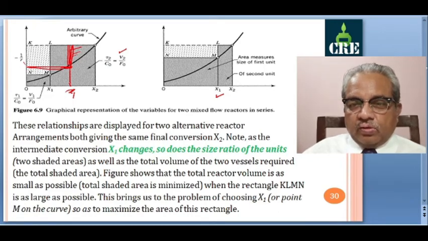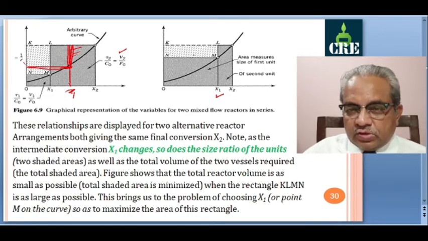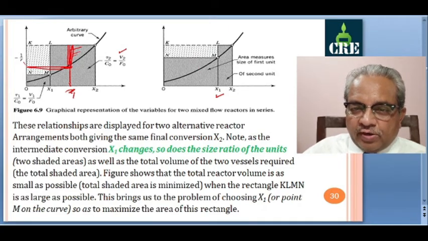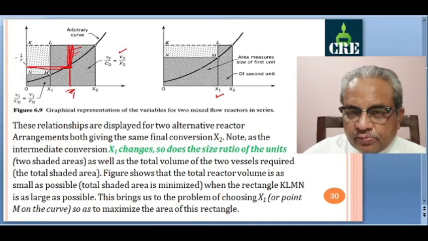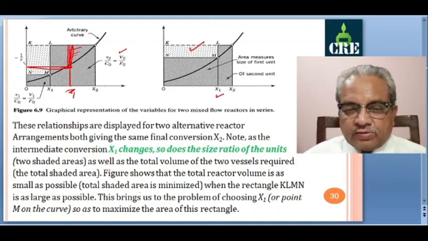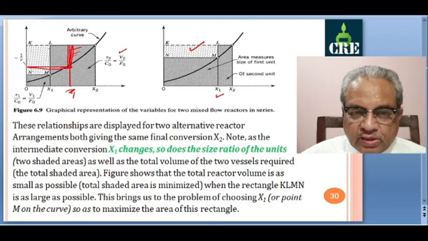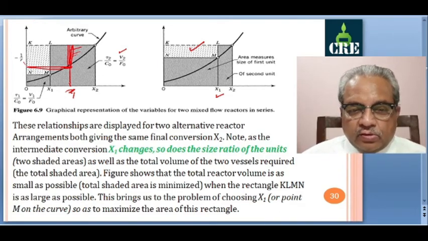If you want to minimize this, you should maximize this rectangle, and you should be able to find a position of x1 such that this rectangle is maximized. So the shaded area is to be minimized, when the rectangle KLMN, which represents this remaining part, is as large as possible.